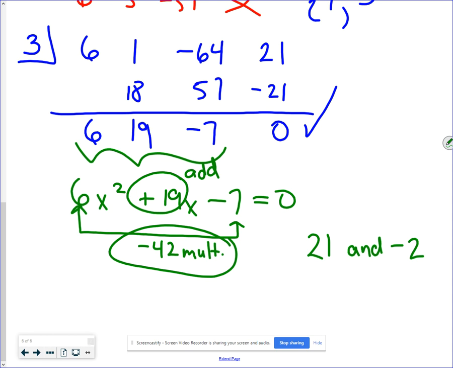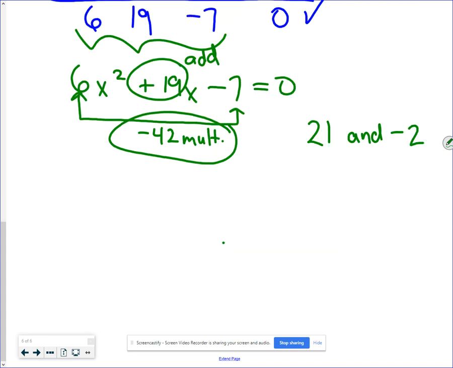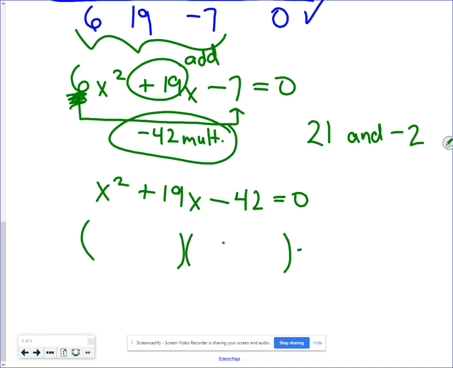So what that means is we can solve this by factoring instead of doing the quadratic formula. So let's do it by factoring. So let's do slip and slide. So let's take our leading coefficient of 6, and slip it to the back, multiply by the 7 to get 42. So now we got this quadratic equation that has a leading coefficient of 1.